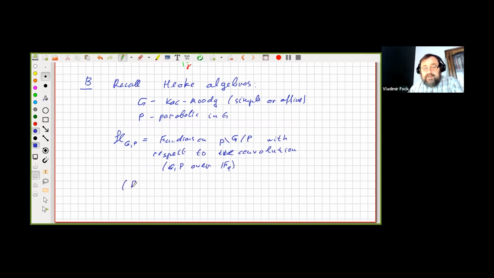So what's remarkable in this situation, why we really can take the parabolic subgroup and not any other subgroup, is that the double quotient of G over P, from the right and from the left, doesn't depend on F_q.